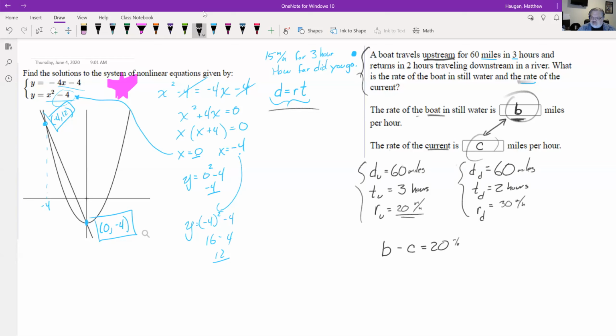What about the speed downstream? The boat's going the same speed, but what's the current doing this time? It'd be B plus C, right? It's helping, it's adding, giving us that nice 30 miles per hour, going faster downstream.